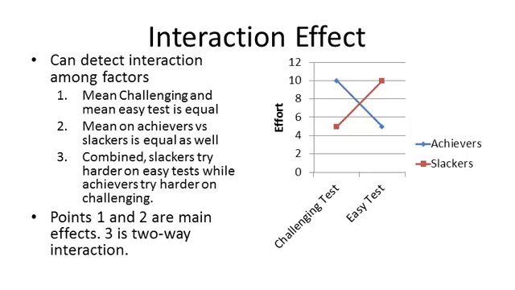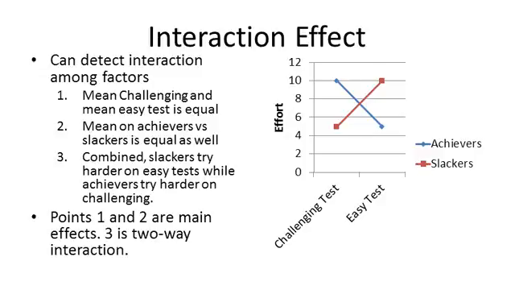When you have multiple factors or multiple predictors, whatever you want to call them, or independent variables, you can start getting interaction effects. So rather than just looking at one effect, like in the graph to the right, a challenging test versus an easy test, or achievers versus slackers, you can combine the two in plots and see how they result.